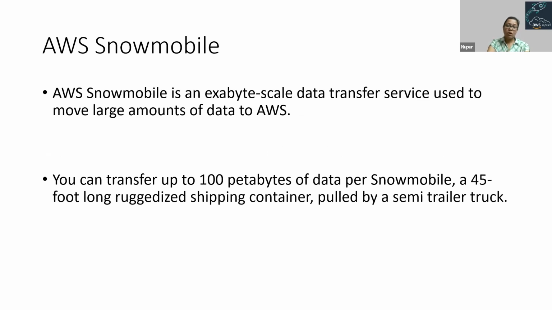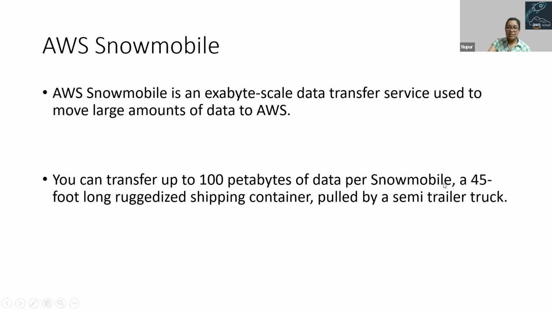Then if you want to transfer a large amount of data, the huge amount, petabytes of data, then you can use the Snow Mobile, that is like a truck or a trolley that will be available. So that will take your petabytes of data from your data centers to the AWS.